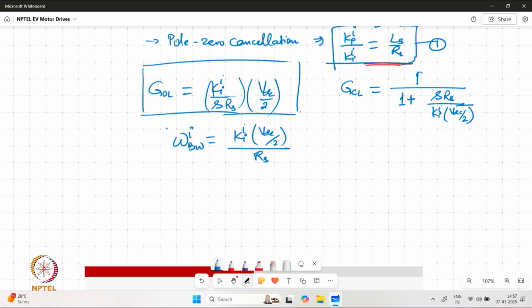Now we can fix the bandwidth of the current control loop as per our requirement, which means we would want the system to be as fast as possible.